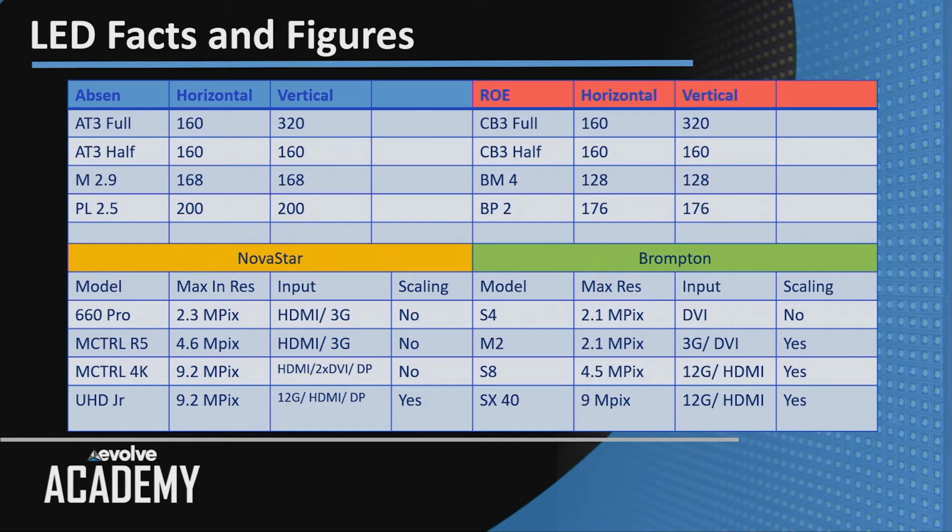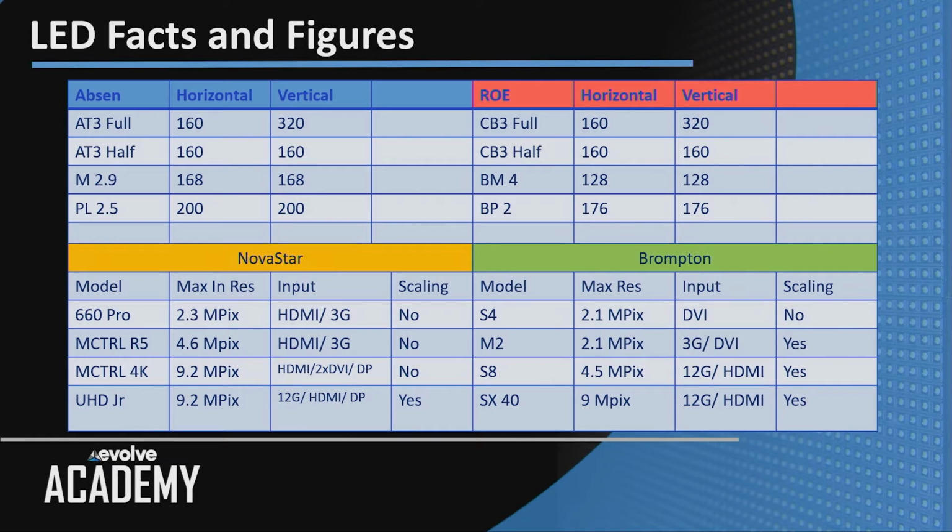It has HDMI and a 3G input, no scaling. The S4 from Brompton has a DVI input, no scaling. Max between the two, 2.3 megapixels on the Novastar 660 Pro, 2.1 megapixels on the S4. Roughly 2 million pixels. That's HD. That's 1920 by 1080 roughly.